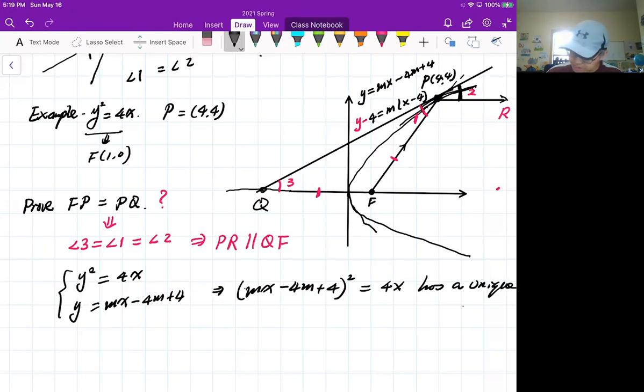If you know the parabola y equals ax squared plus bx plus c, it's a quadratic equation. A quadratic equation has a unique solution means the delta is equal to 0. And then you get that equation.